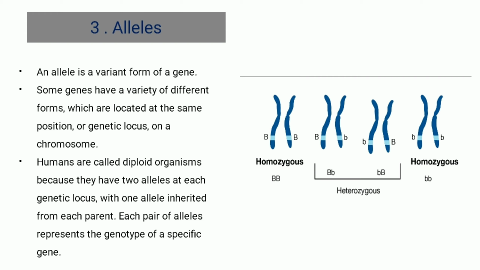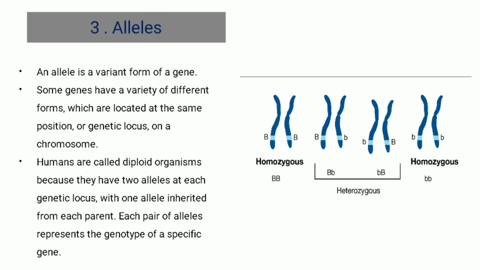Humans are called diploid organisms because they have two alleles at each genetic locus, with one allele inherited from each parent. Each pair of alleles represents the genotype of a specific gene. In the picture, we observe the homozygous, heterozygous, and homozygous conditions.